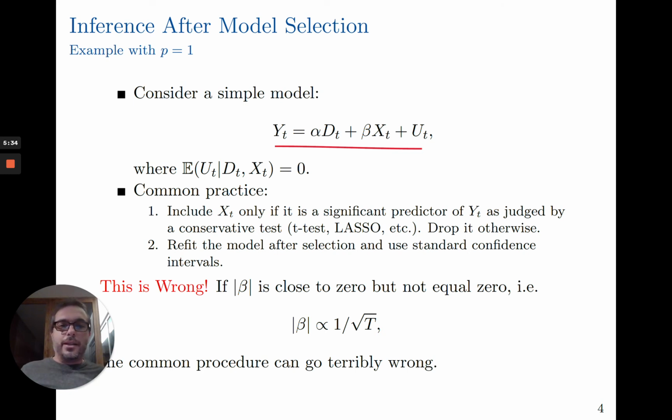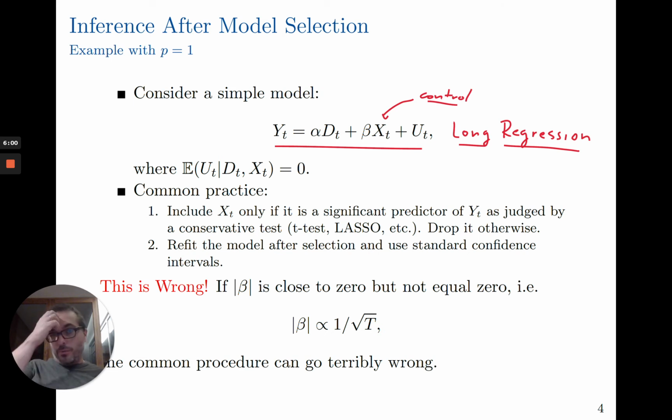It can be a t-test: we run the long regression, which we call the long regression because we have our variable of interest and the control.